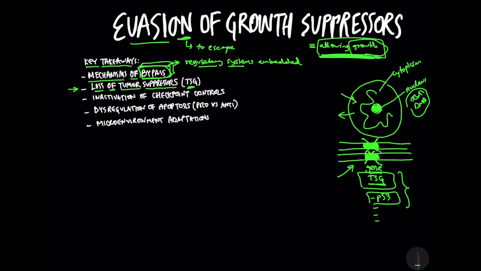And that leads us into our second point: evasion of growth suppressors involves inactivation of checkpoint controls.